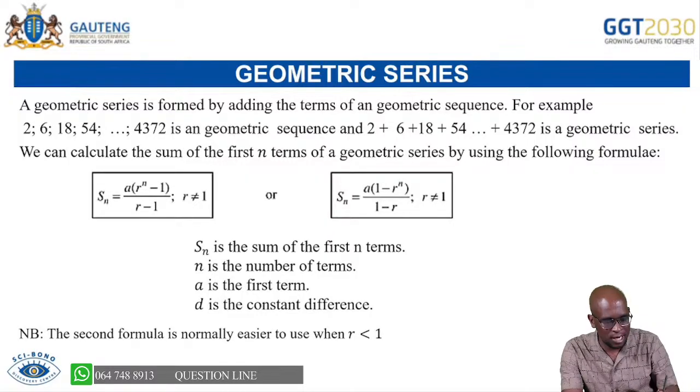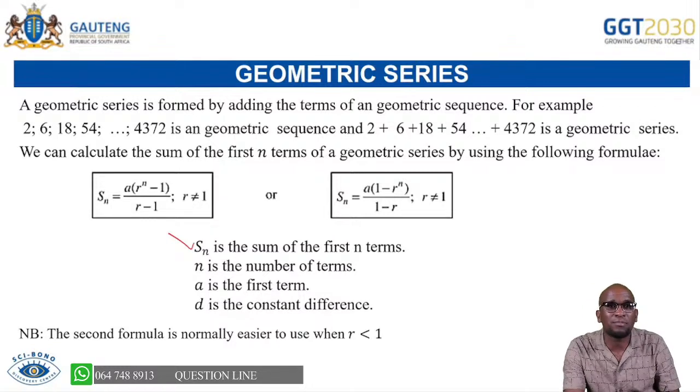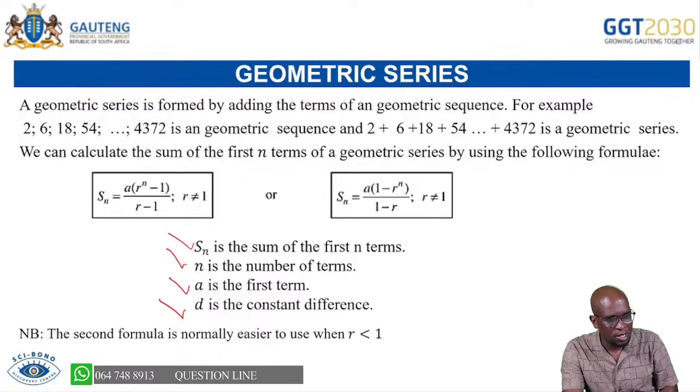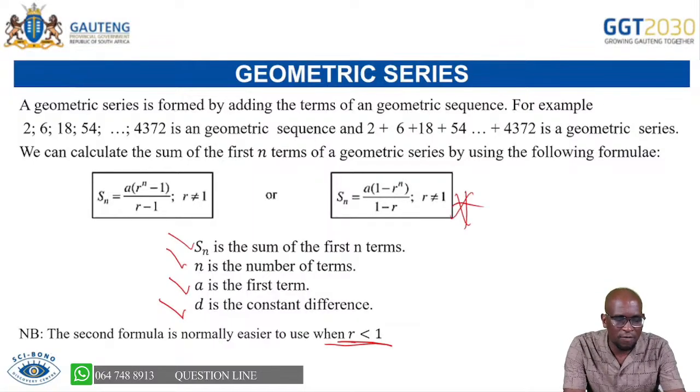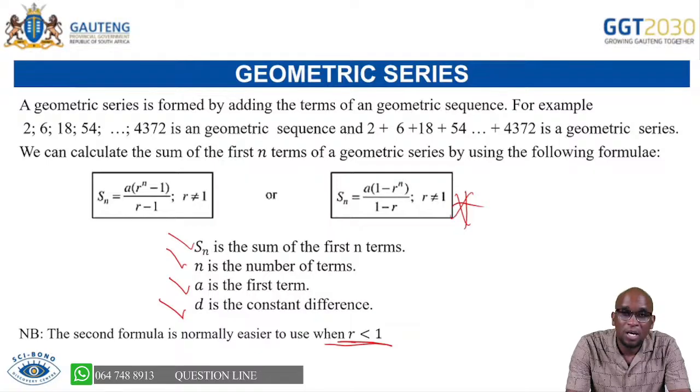Right now, obviously Sn here denotes the sum to the n terms, n denotes the number of terms, a is the first term, and r is the common ratio. We are saying that it is much easier to use formula number 2 if you have that r is less than 1.